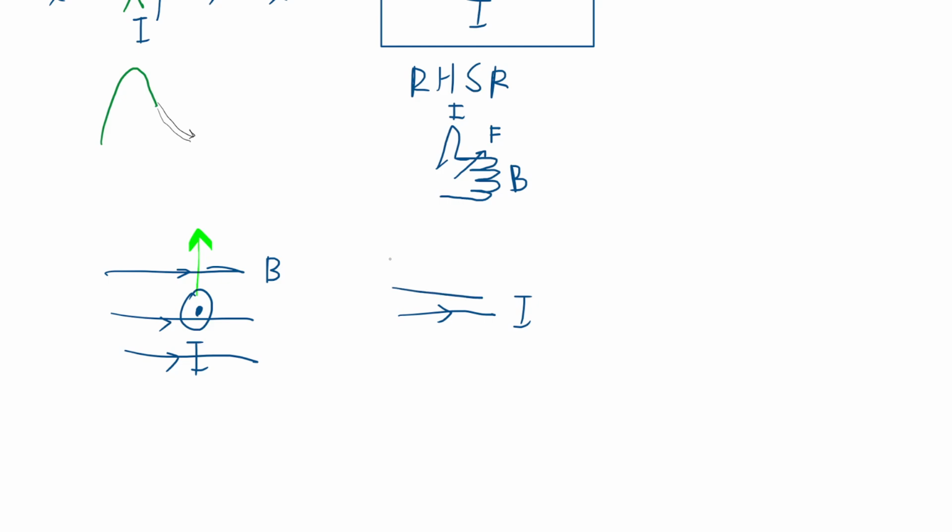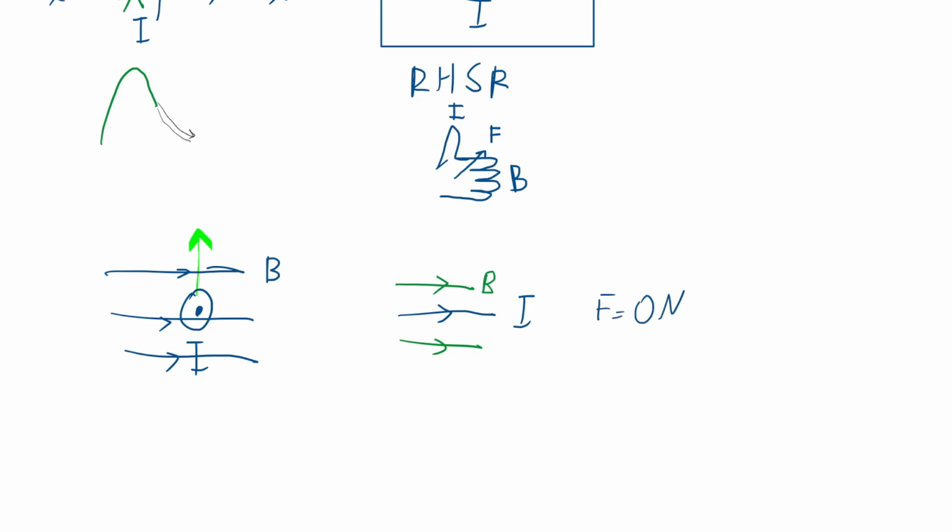What if current is going right and magnetic field is going right? Let's use green for magnetic field. What would the direction of the force be on this wire carrying current? Since there is no component of the field that is perpendicular to the current, there will be no force.